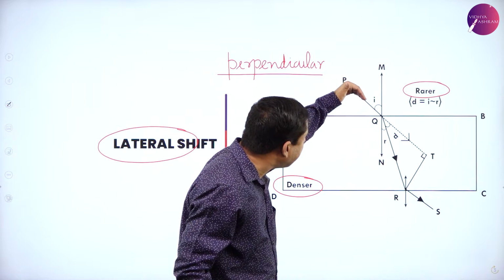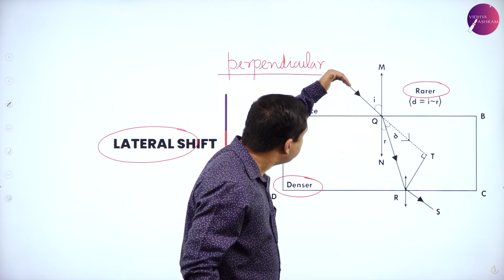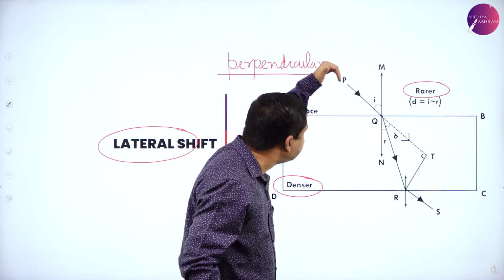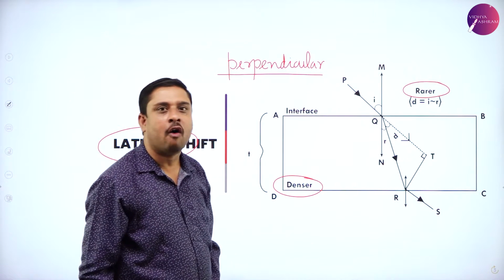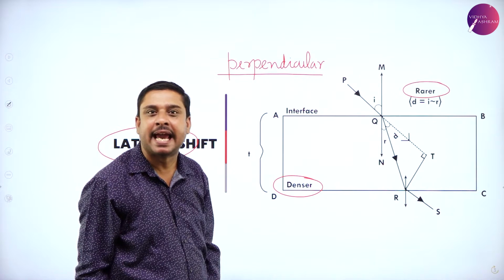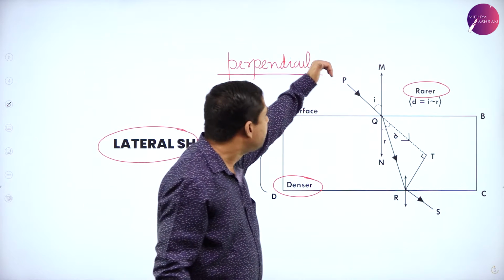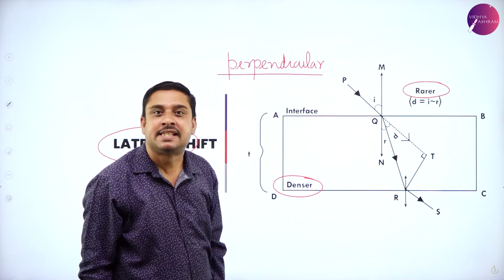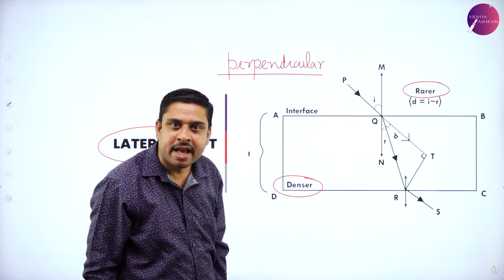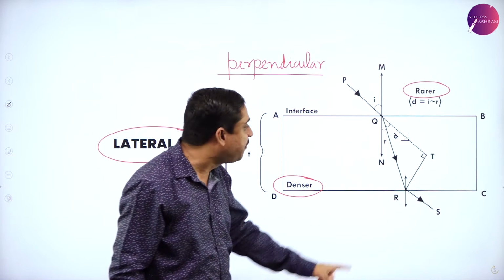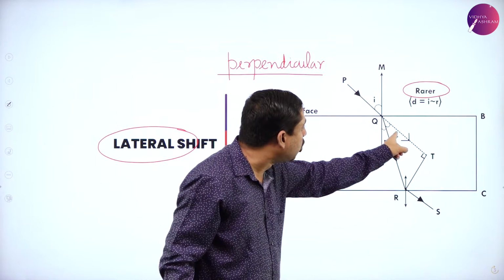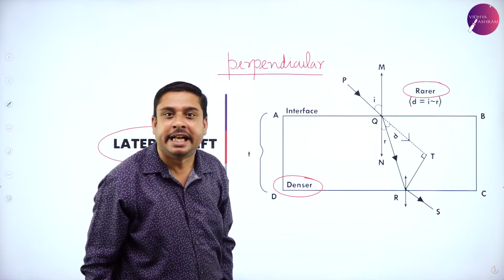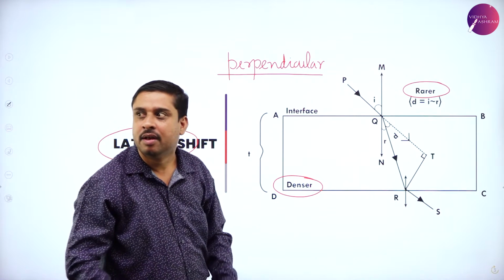A ray of light PQ is incident on the surface AB, where we believed it has to pass straight without any deviation.